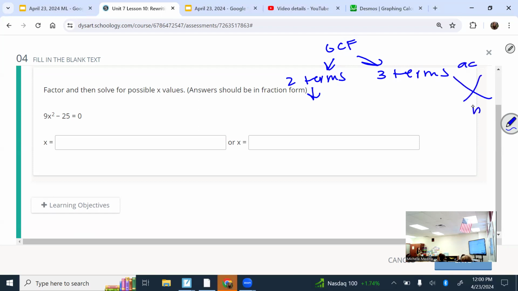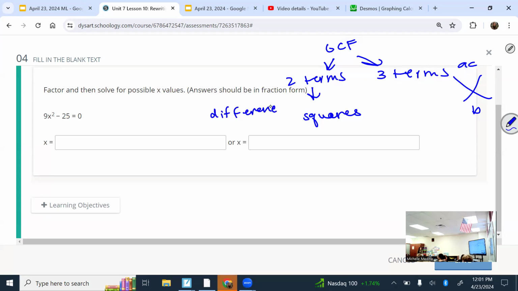So what's the other way we talked about? If it's a 2-term expression, we can only factor it if it is this. What is it? Okay, it's called the difference of squares.